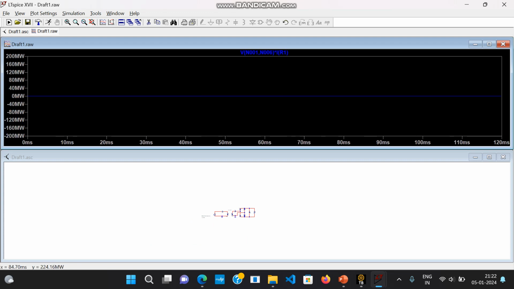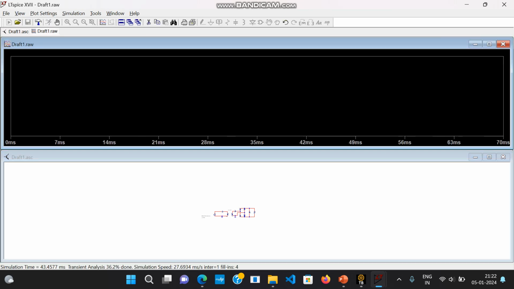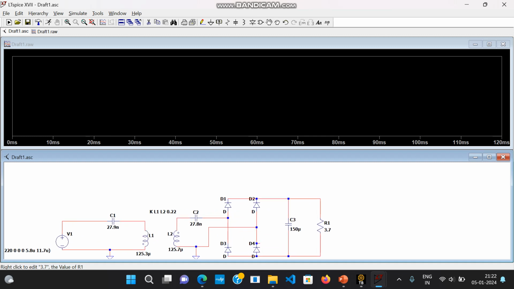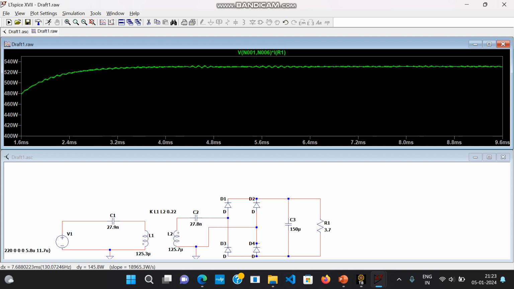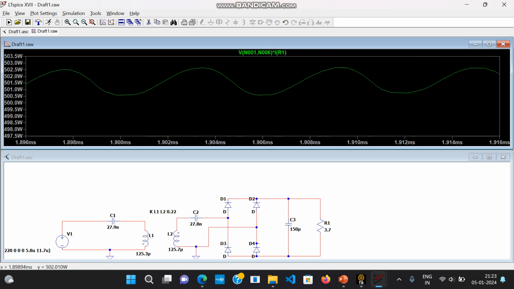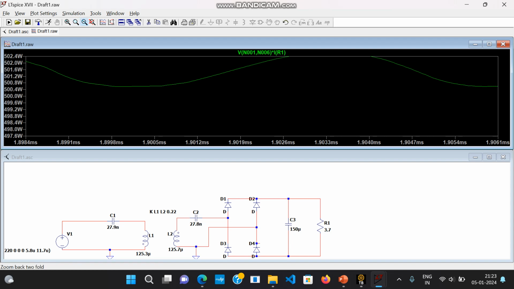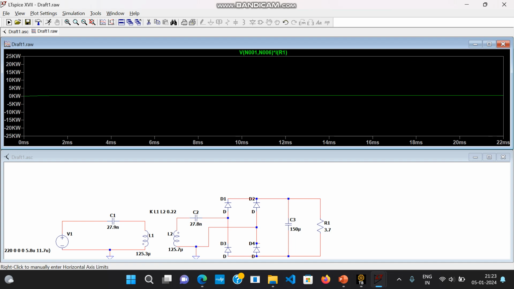Actually our result got magnified, due to which we are not able to see it. So let's close our simulation and run it again. See, we are designing for 500 and it is coming approximately 500. This is how it is.